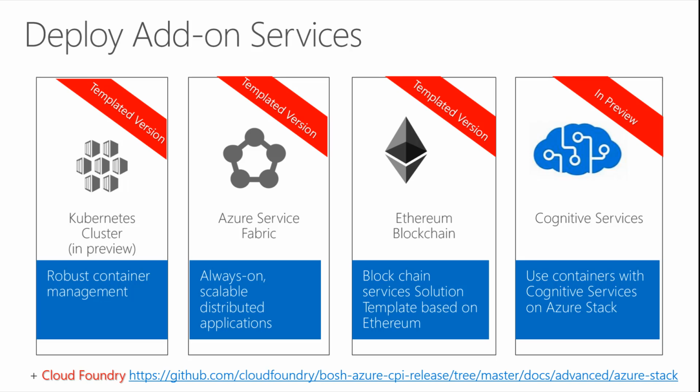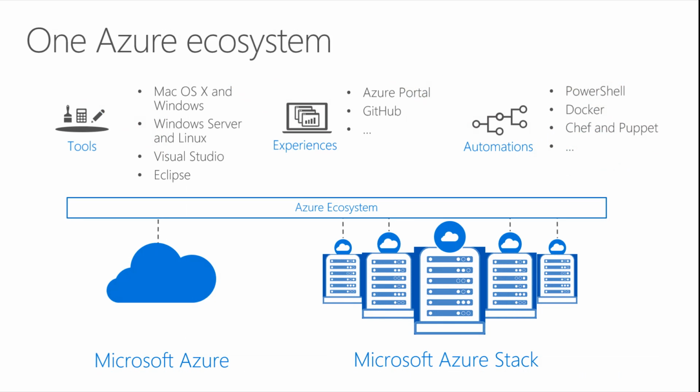Container support is currently available in preview for a subset of Azure Cognitive Services, including parts of computer vision, face and text analytics, and language understanding, also known as LUIS, L-U-I-S. So these are some additional add-on services that users can deploy in the user or tenant space.